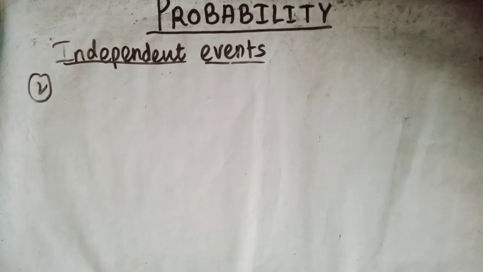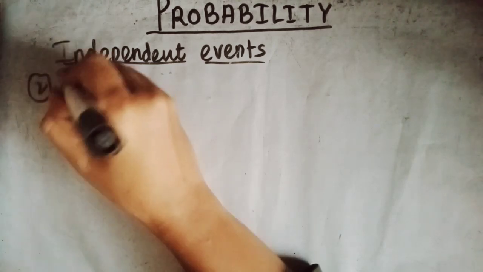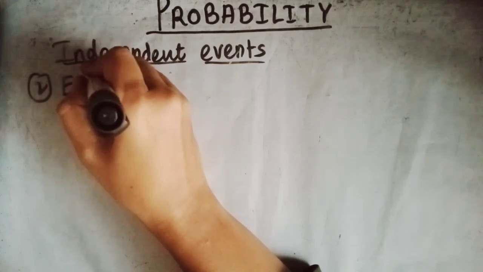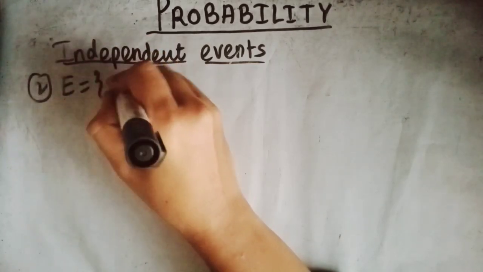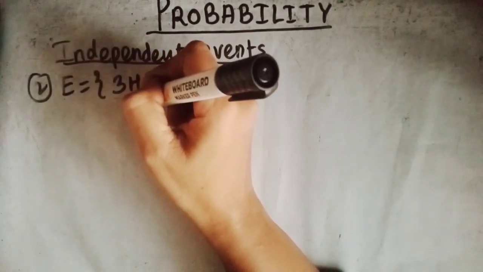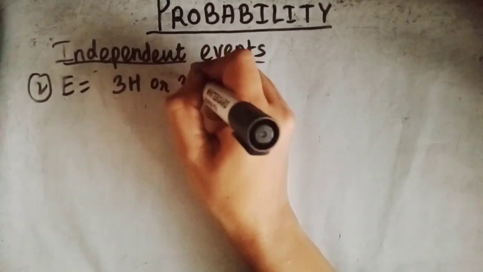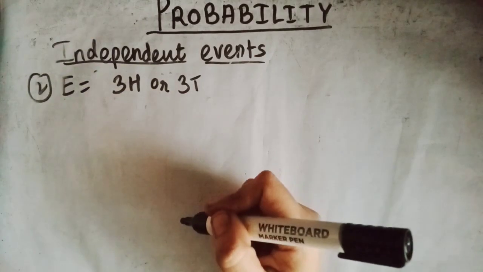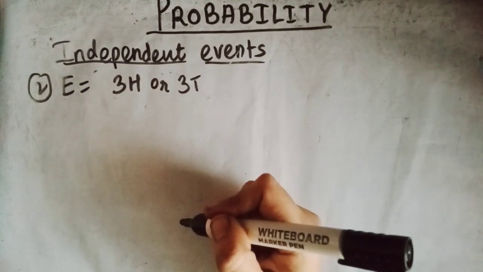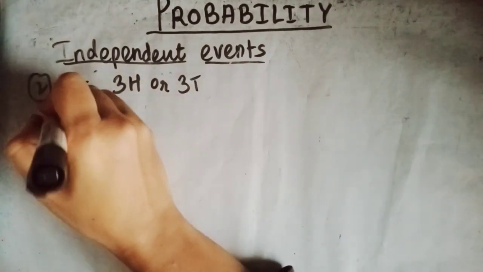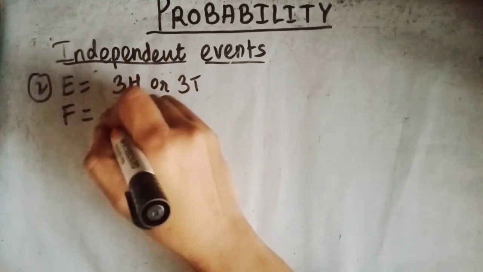Second example, 3 coins are tossed simultaneously. Consider the event E. E event is 3 heads or 3 tails. Then F, at least 2 heads.